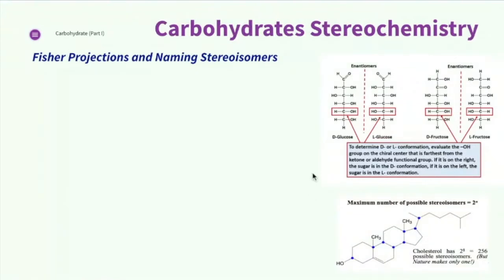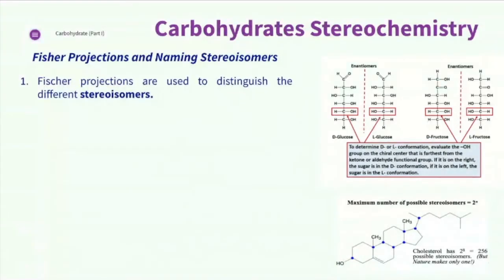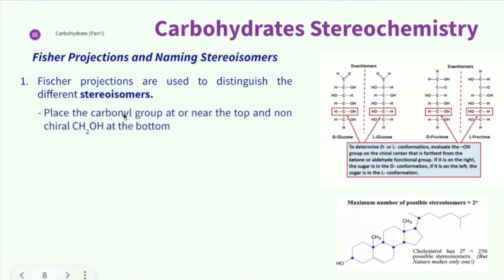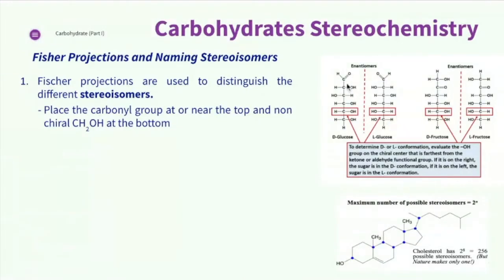Okay. So before we start to learn about the different classes of carbohydrate, let's learn the naming or the drawing of different types of carbohydrate units. Okay, so usually the Fisher projection is used to distinguish the different stereoisomers in an open chain or linear form.